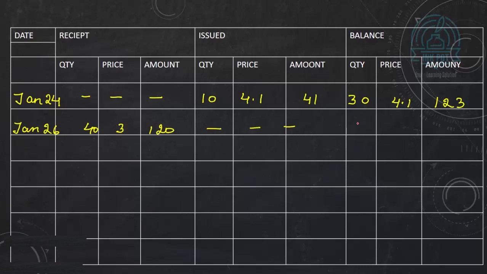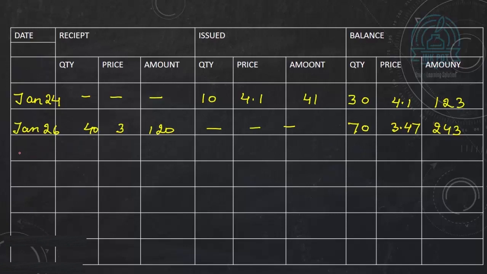Now, the balance again, we have 123 plus 120, which is 243, divided by 70. So when you divide 243 by 70, we have 70 units, value is 243, and you will get the average price of 3.47 approximately, right?